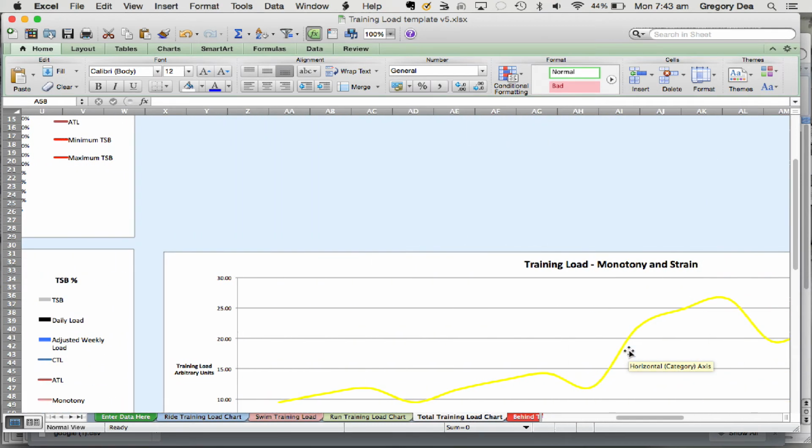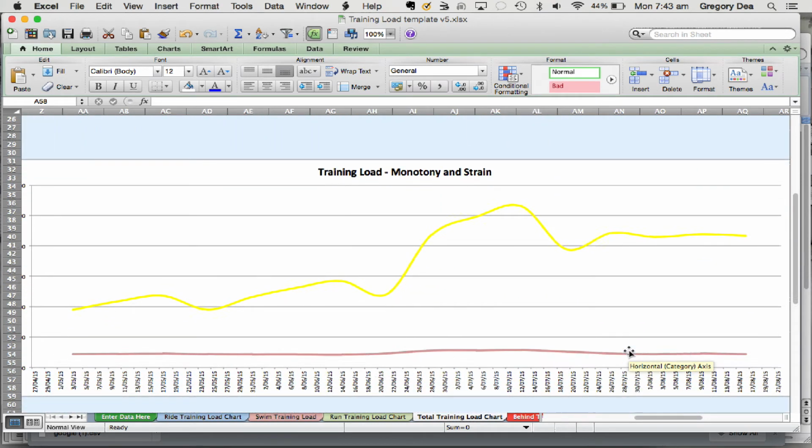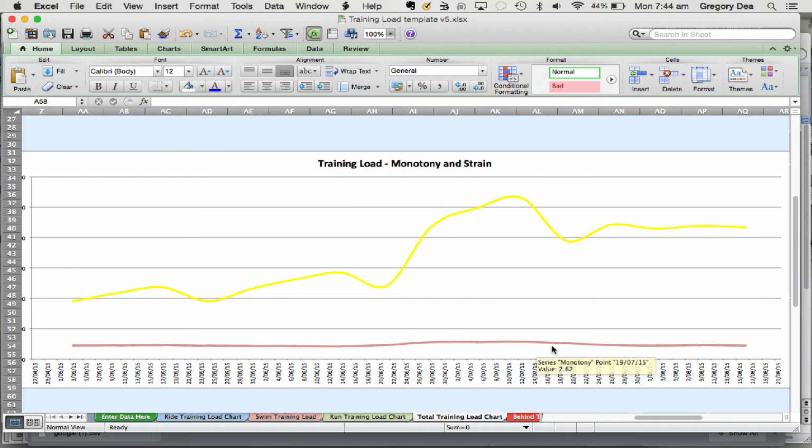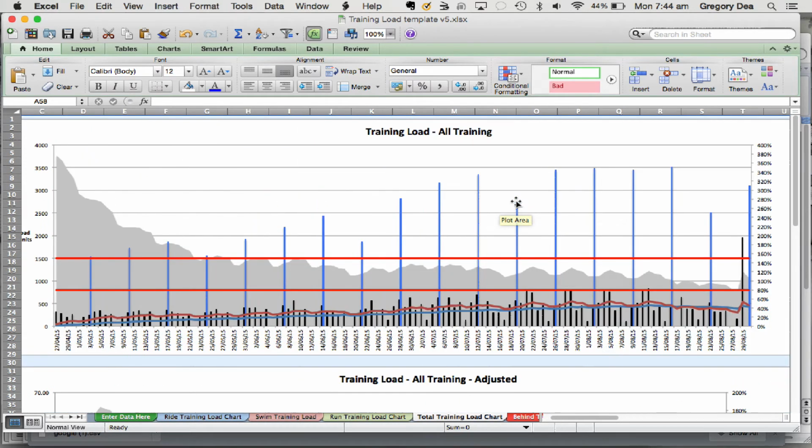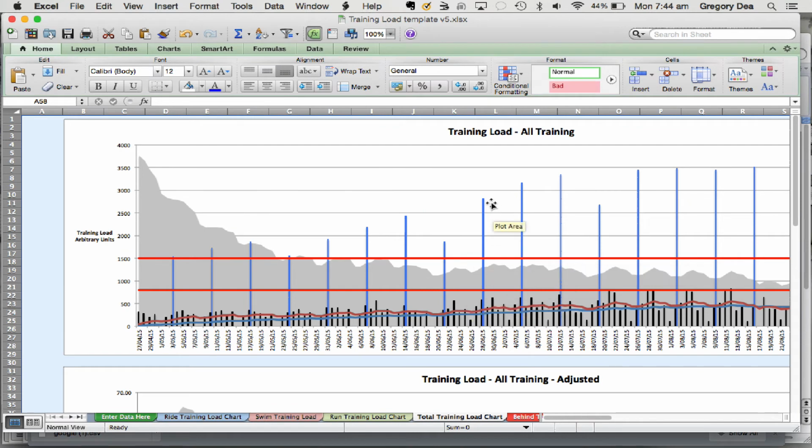Accounting for monotony and strain, we can see that the monotony is quite good, it's quite low, so that means it's a lot of variability, and the strain has definitely gone up in that third macro cycle there, which is reflected in the significant jump between that second macro cycle and that one there. So that would be an occasion where the person needed to be careful.